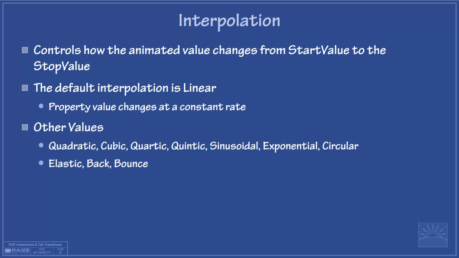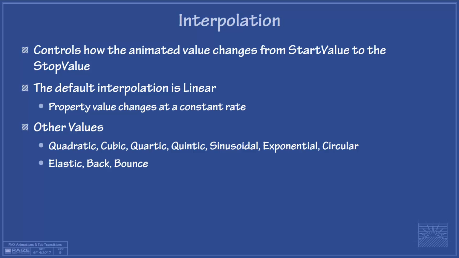So you have quadratic, cubic, quartic, quintic, sinusoidal, exponential, circular. Those are all very similar. It's a curve where the slope of the curve changes over time. How that slope changes over time is defined by the type. So quadratic is squared, cubic is cubed, quartic is power of 4, etc.